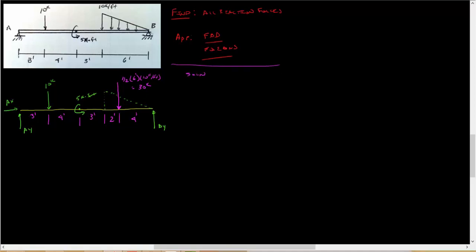Let's do it in red. So I'm going to sum my moment at point A to solve for BY. I don't have to worry about AY or AX since there is no perpendicular distance. 10 kips, my perpendicular distance is 3 feet. It is rotating clockwise, so that would be negative.